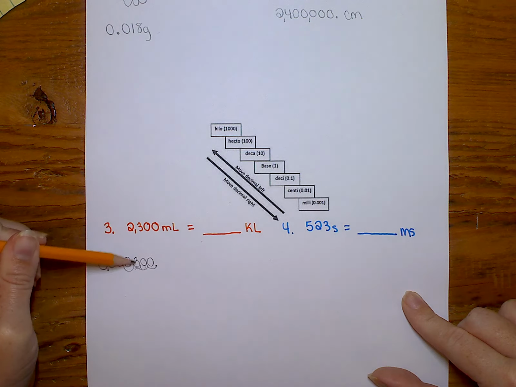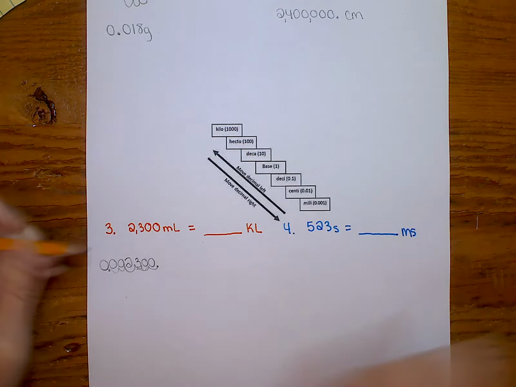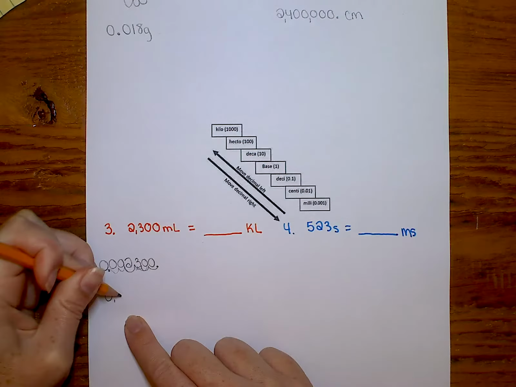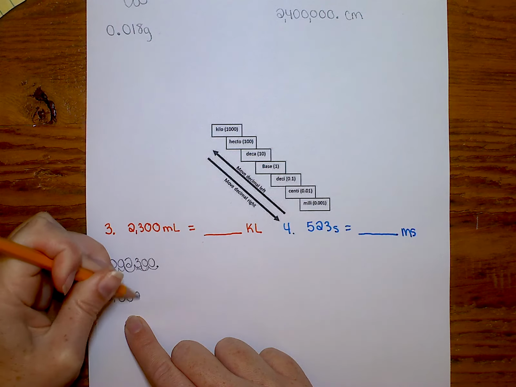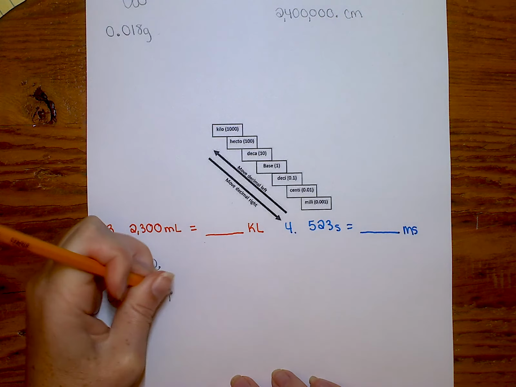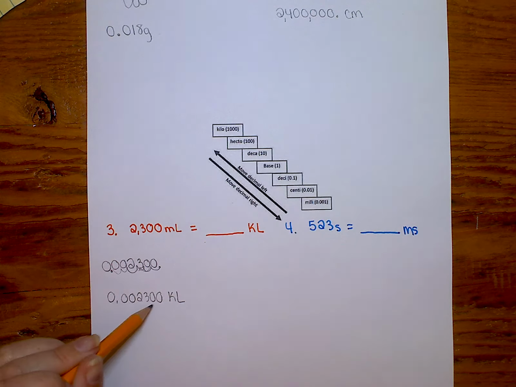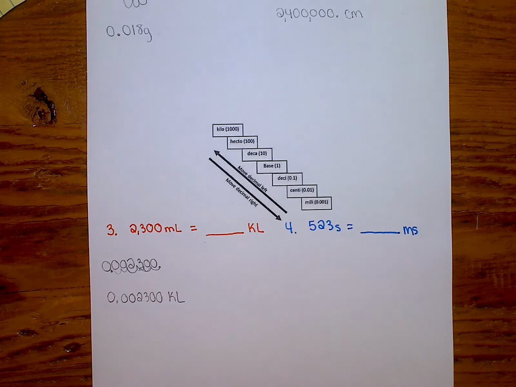And then we rewrite it. So we have 0.00230 kiloliters. So it's really small. We had a lot of milliliters, but in kiloliters, it's not that much at all.